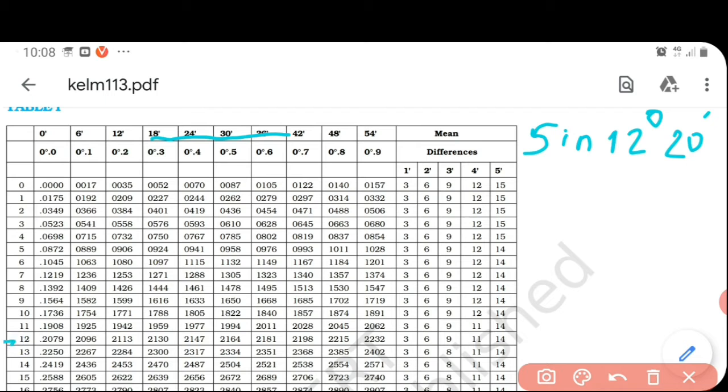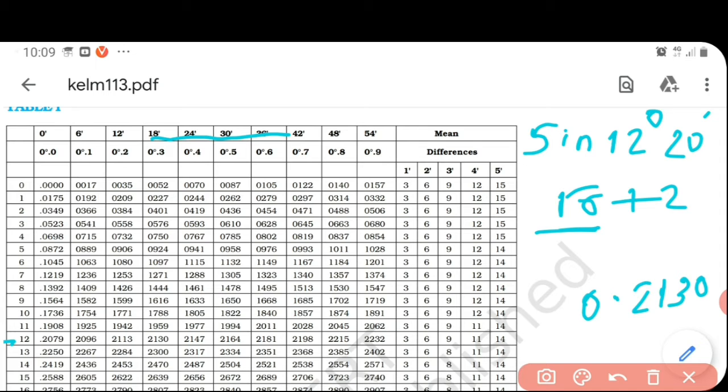Then 20 minute we can write as 18 plus 2. So you have to look at 12 degree 18 minutes. As we did earlier, you will get the value 0.2130.